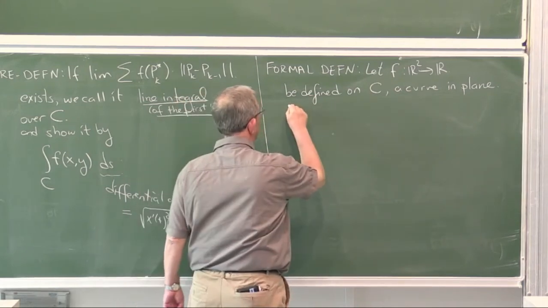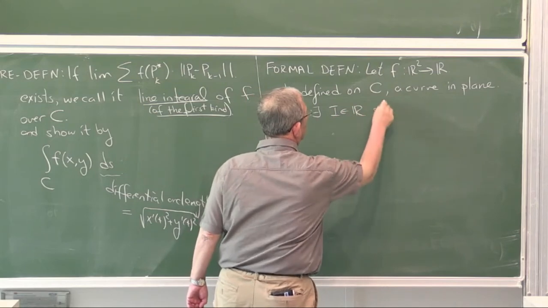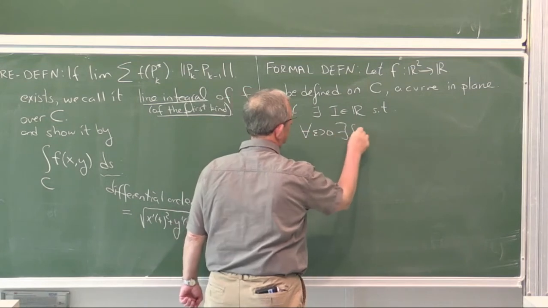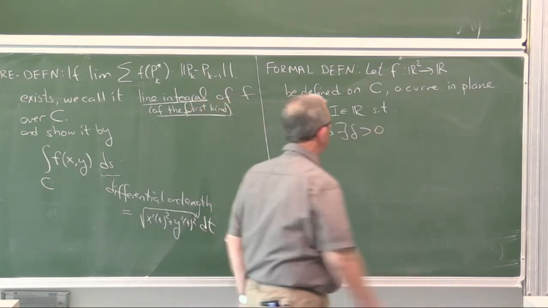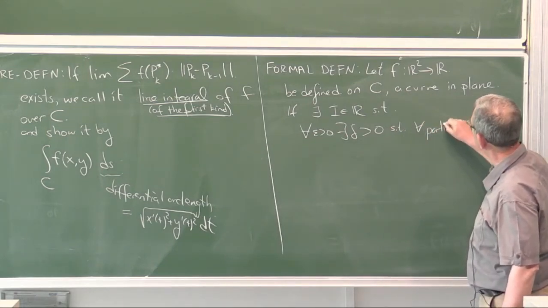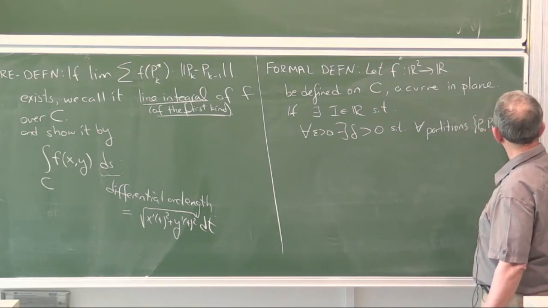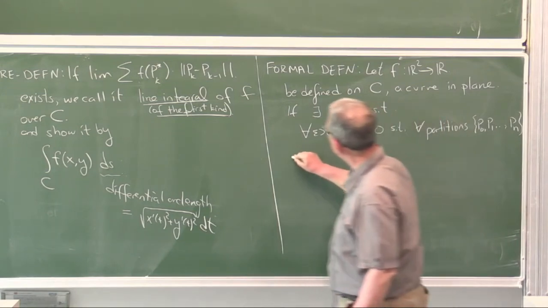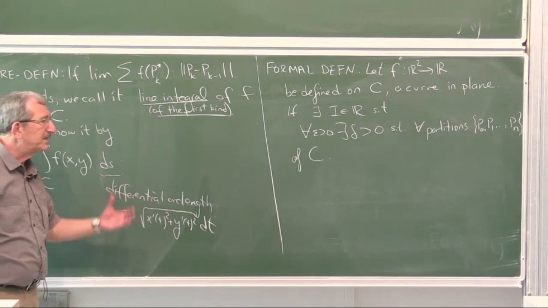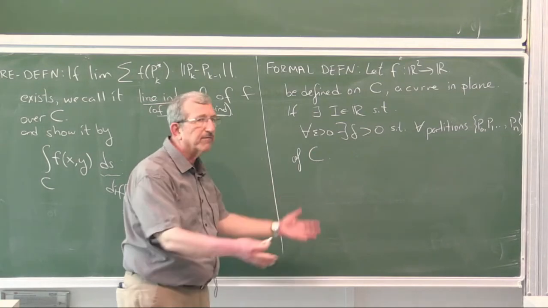Then, if there exists a number I such that for all epsilon there is a delta, we are talking about a limit, such that for all partitions P0, P1, ..., Pn of C. So here C needs to have a finite length, as you can see from the definition, and it must have endpoints.